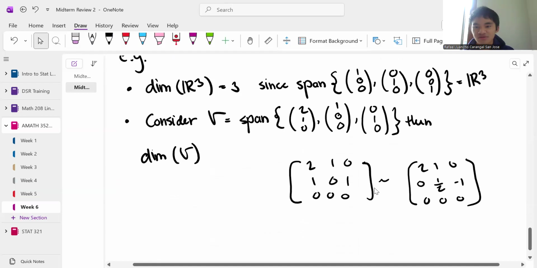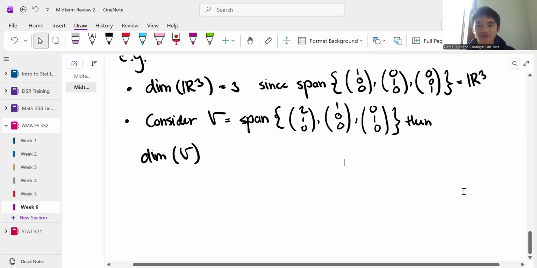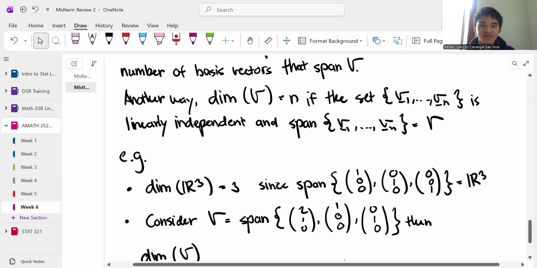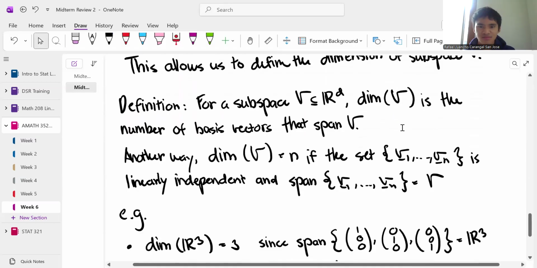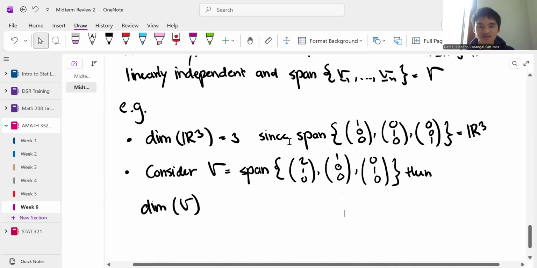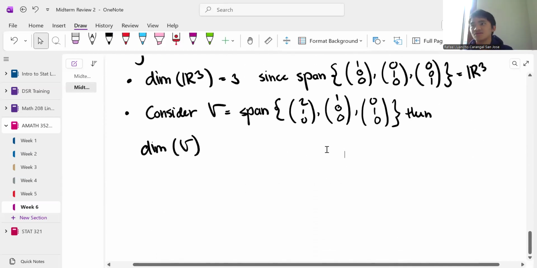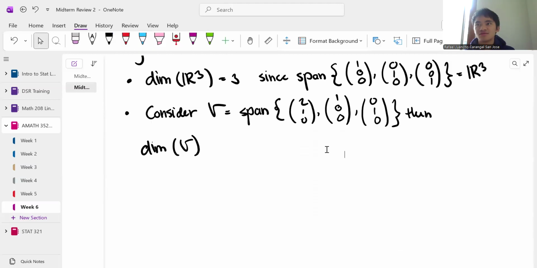Do they have a pivot in every column? They don't. So they don't span R3, and they're not an independent set. So what is the number of basis vectors? How do we say they're a basis? We need to check if the vectors are linearly independent. So that's one. Another idea is if they span something.